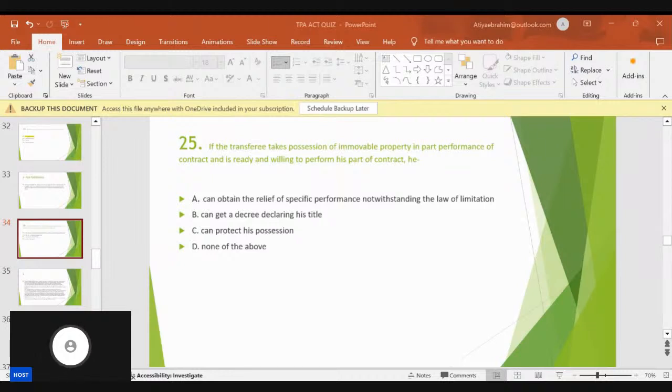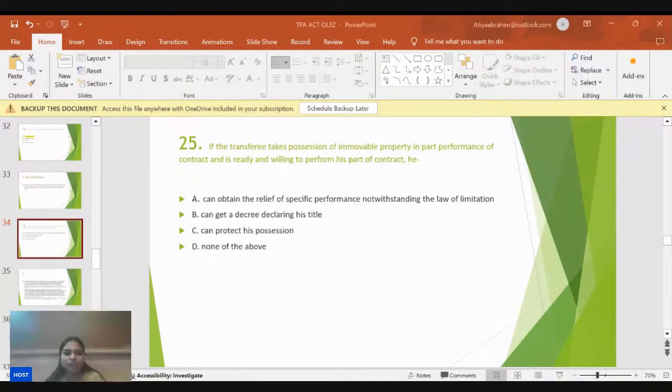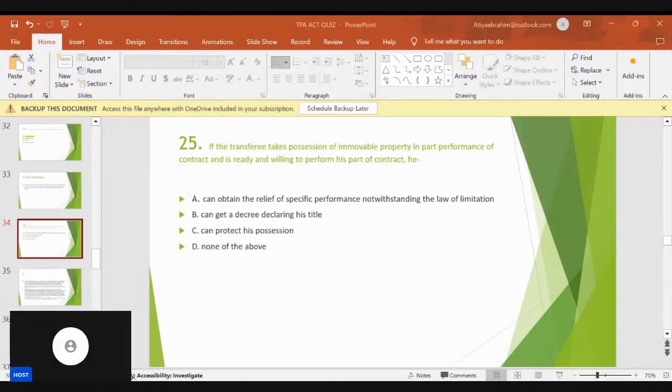Tell me the correct option for 25. Yes, students, please mention your answer.